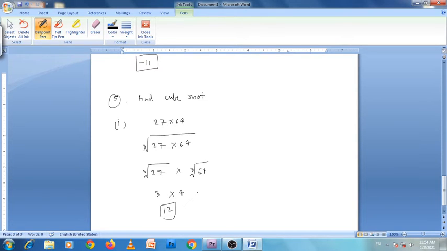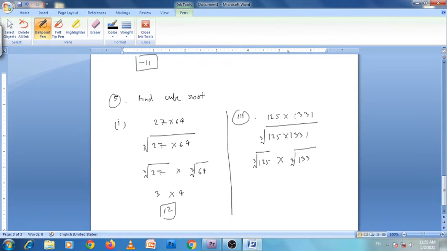In the same way, solve these questions. Question number 3rd. Let me show you question number 3rd here. This is 125 into 1331. So cube root of 125 into 1331, we can write it cube root of 125 into cube root of 1331.